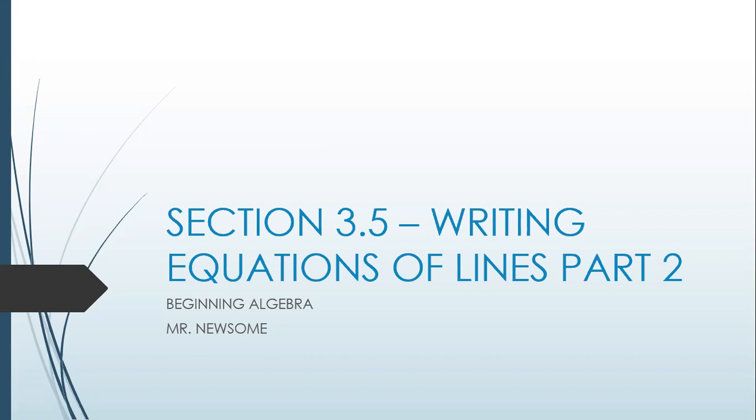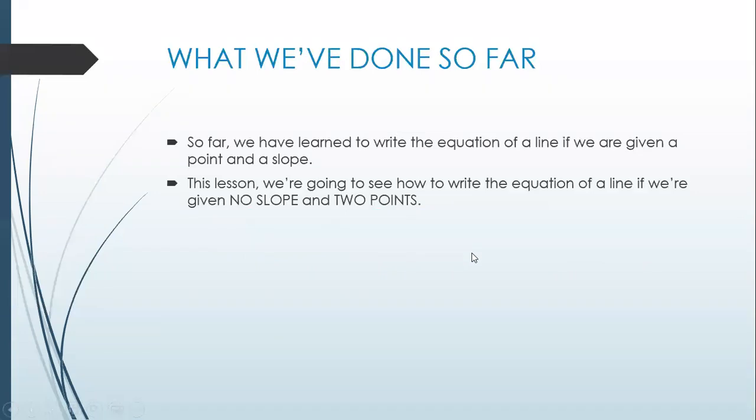As promised, this is the forthcoming section, section 3.5, Writing Equation of Lines, Part 2. So let's recap what we've done so far. We've learned to write the equation of a line if we're given a point and a slope.